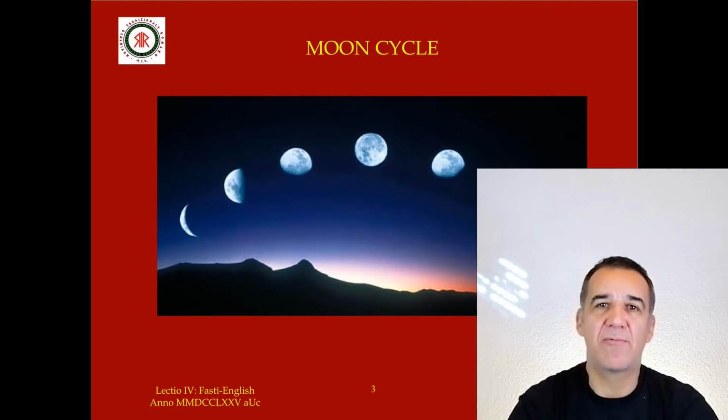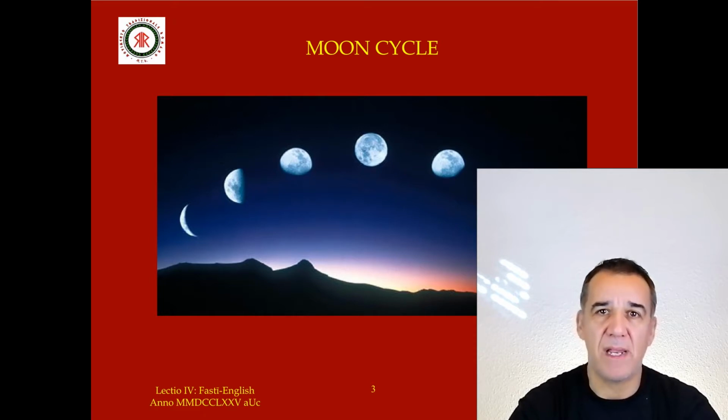We can take as the reference the new moon and calculate the time between two new moons. This is referred to as a synodic month and has a length of 29 days, 12 hours, 44 minutes and something. Unfortunately, we are not dealing with an exact number of days.